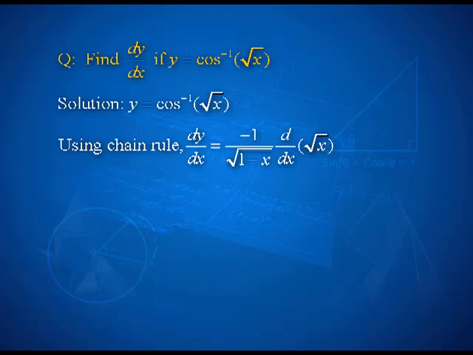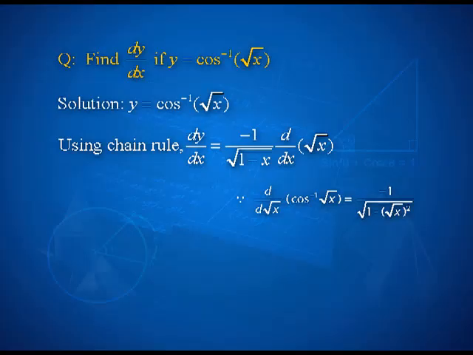Let us see what would happen if I have to find its derivative using chain rule. Do you think I can write directly as minus 1 by root 1 minus x into derivative of root x? What happened in between? Derivative of cos inverse root x with respect to root x by the formula would be minus 1 by root of 1 minus root x whole square.